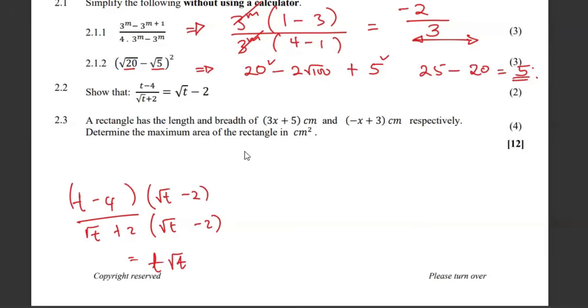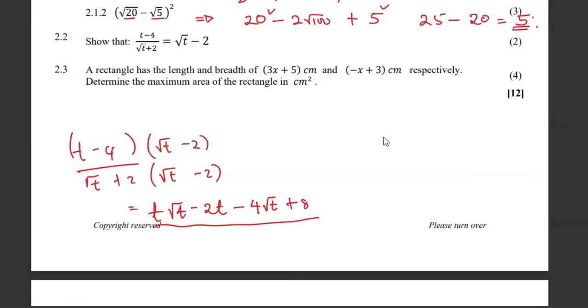This and this is minus 2t, minus 4 root t, and then plus 8. At the bottom is a difference of 2 squares, which is just going to be a t, no, it's just a t, sorry. So it's a t minus 4.